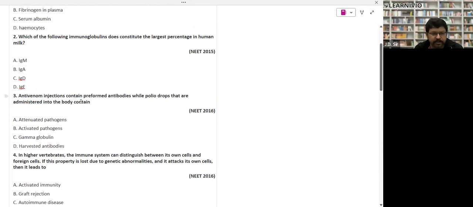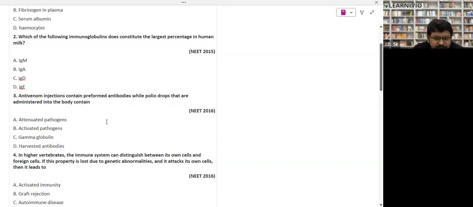Antivenom injected contains preformed antibodies. What do polio drops that are administered into the body contain? What does it contain? What do polio drops contain? I'm not sure about it.